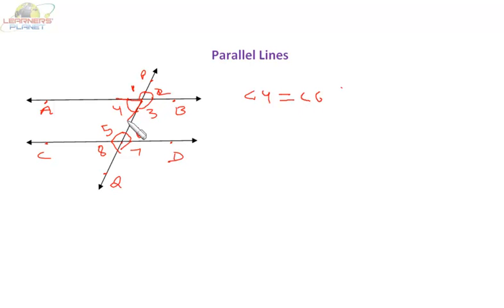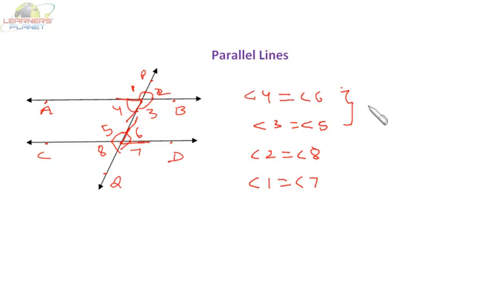So we can see the shape of Z. Angle 4 is equal to angle 6, angle 3 is equal to angle 5, angle 2 is equal to angle 8, which are alternate exterior angles, and angle 1 is equal to angle 7, which are also alternate exterior angles.